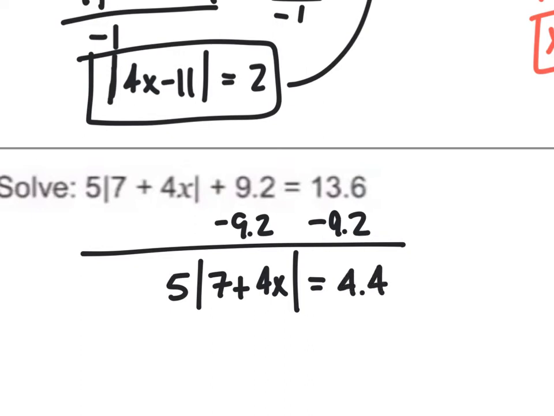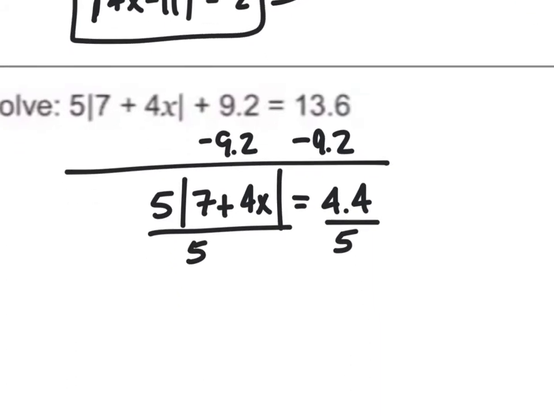From there, I divide both sides by 5. So the absolute value of 7 plus 4x is equal to 4.4 divided by 5, which gives me 0.88.